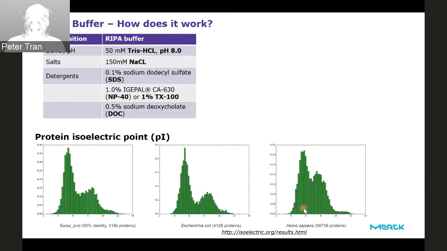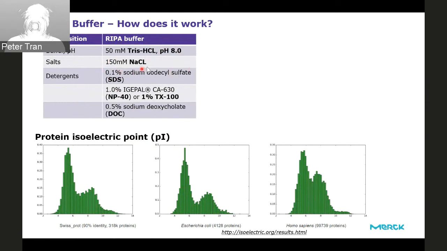For human, about 6 and 8. But you can see that very few proteins have a pI between 7 and 8. That's why people normally choose a pH between 7 and 8, the physiological pH range, for the lysis condition. Also, in this pH range, protease inhibitors and phosphatase inhibitors are active.